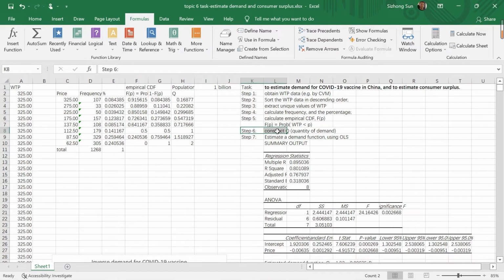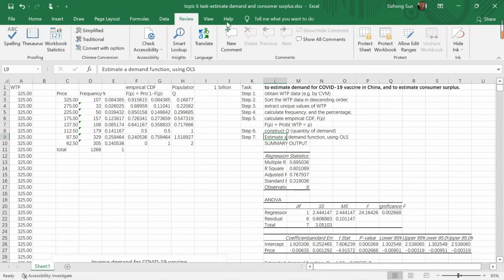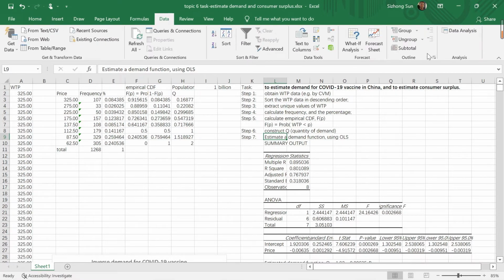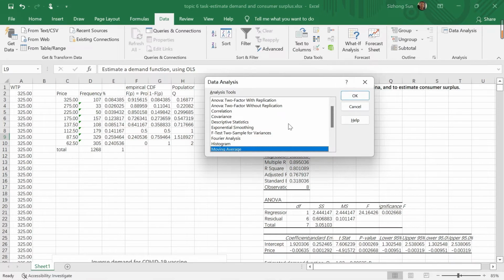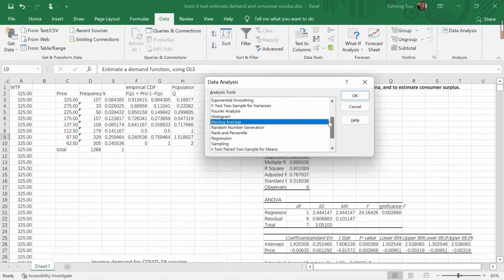That's step 6. So we have price data here and quantity data. And what we can do is regress quantity against price. You estimate the demand function using OLS. So I'm going to show you how to do OLS estimation in Excel. Click Data and use Data Analysis, choose the regression function.